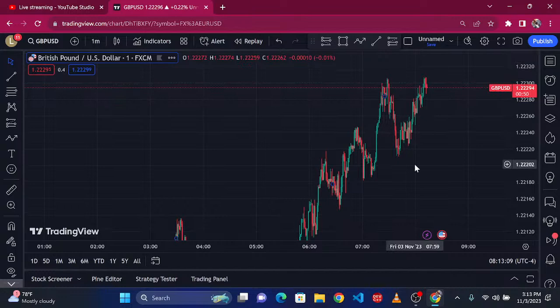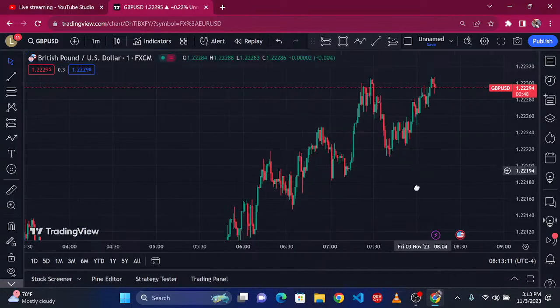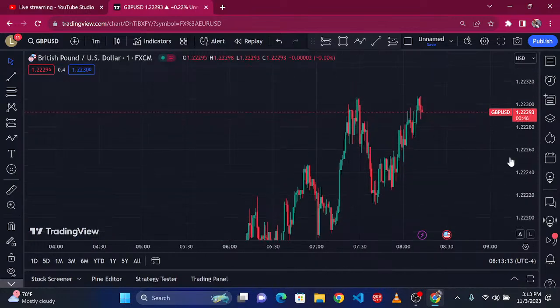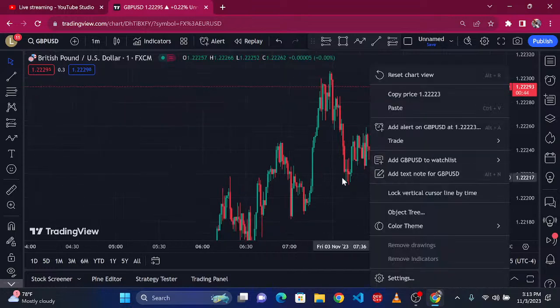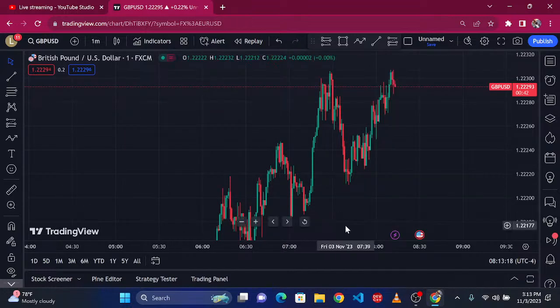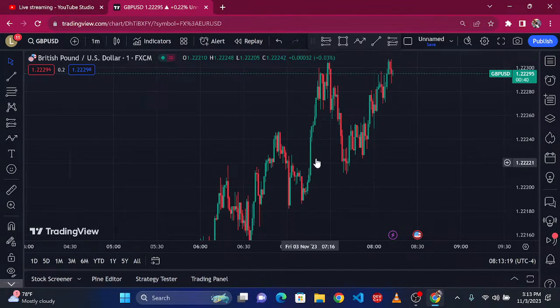GBP USD has been giving good setups, because according to ICT I can say good setup right here. This was a good fair value gap and this was a move down and then up, a move lower, then a move upper, or what they call the rally. Then the market comes back into the fair value gap.